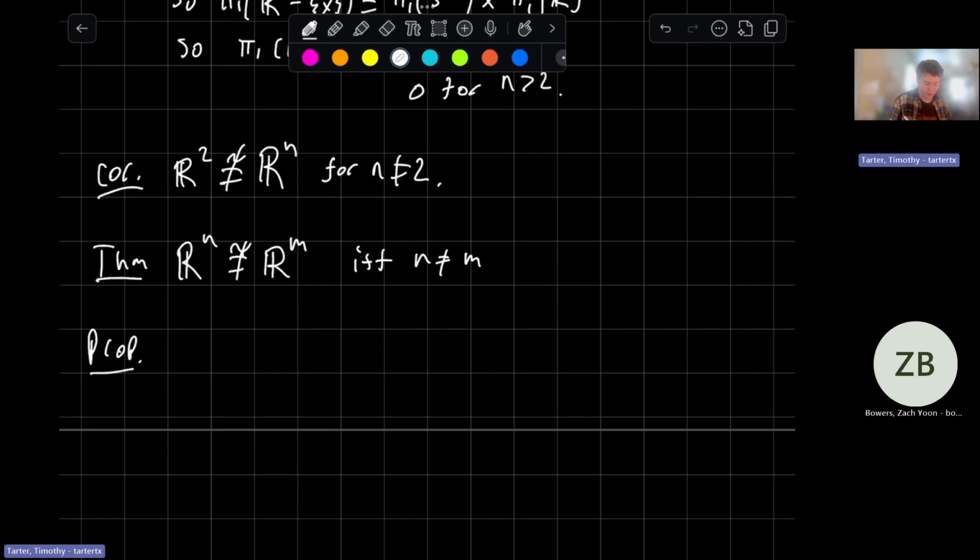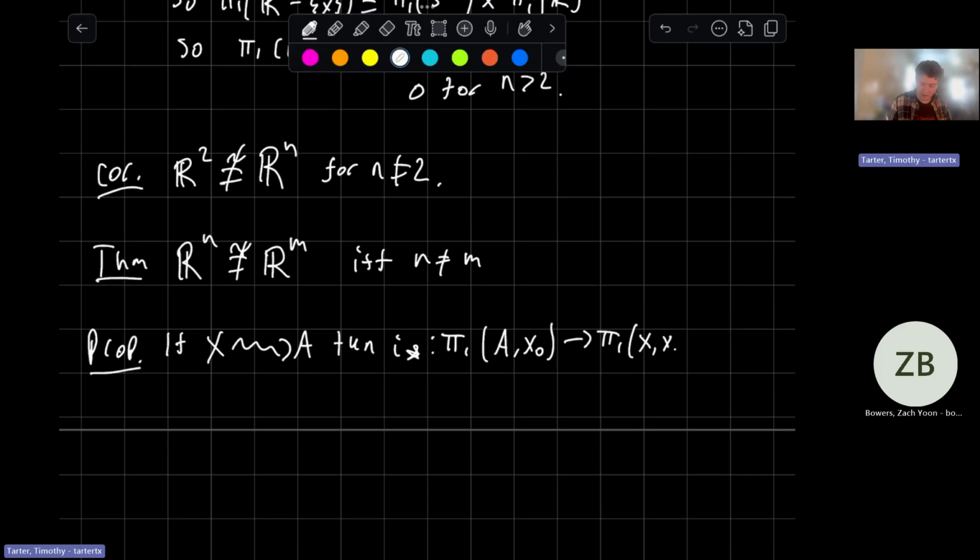Proposition 1.17: if X retracts onto a subspace A, then the homomorphism i star from pi 1 of A, x naught to pi 1 of X, x naught, induced by the inclusion i from A into X, is injective.